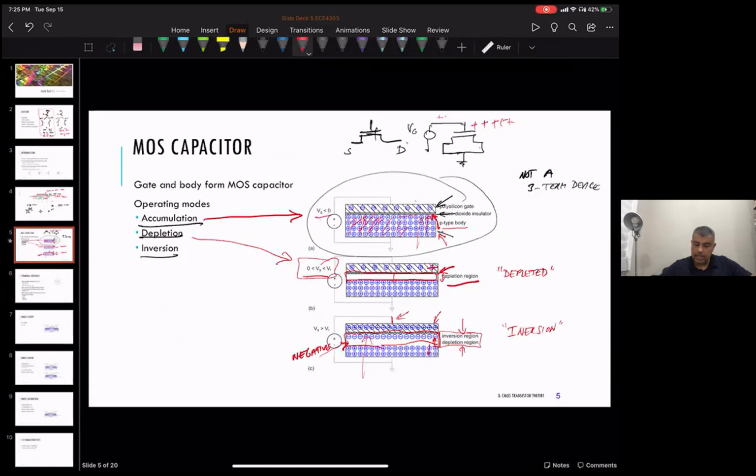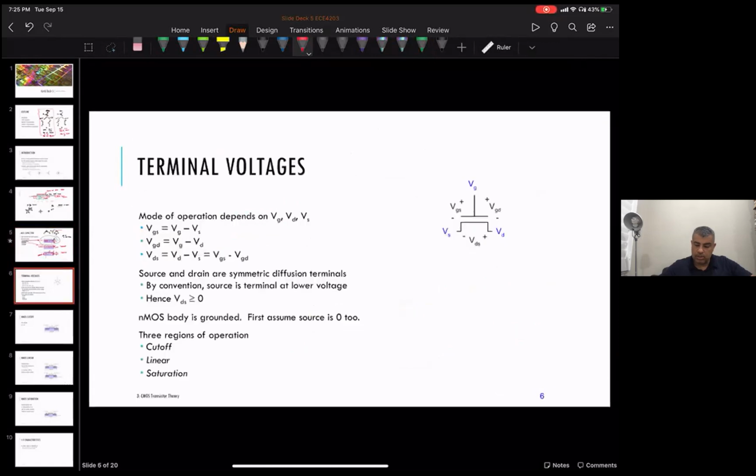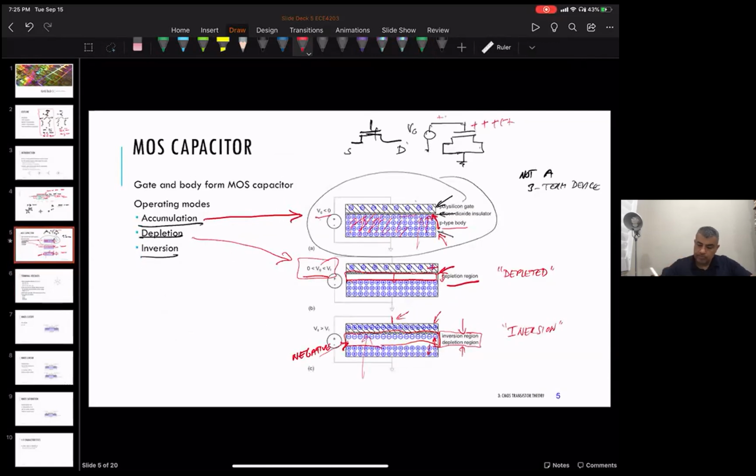Okay, now let's say we add a source and drain to this. So we have these cases.